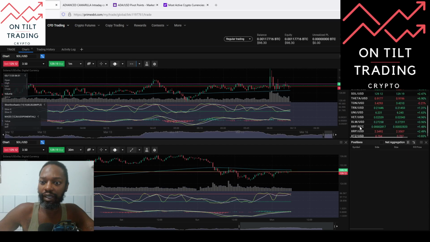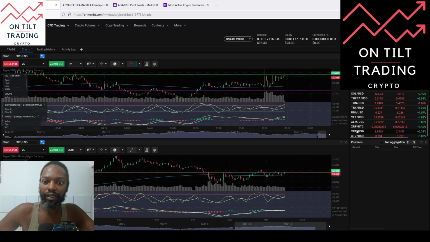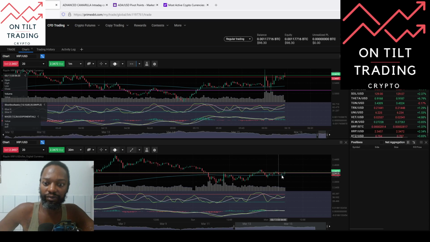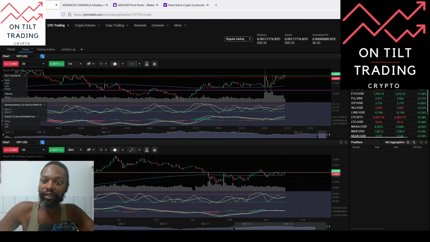So for a potential long, I was above R4 in case today was buying instead of selling. I was looking at Bitcoin, XRP, and we can see XRP is strong here. It's not trading below at all. We can see here on the 30-minute it's pretty strong above the 200 EMA, showing strength. Same thing with Dogecoin.